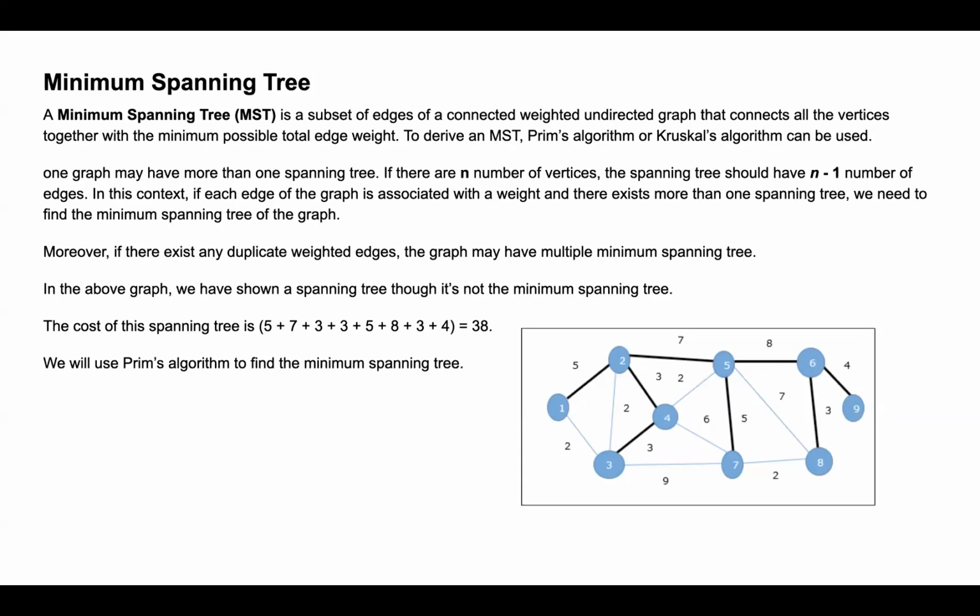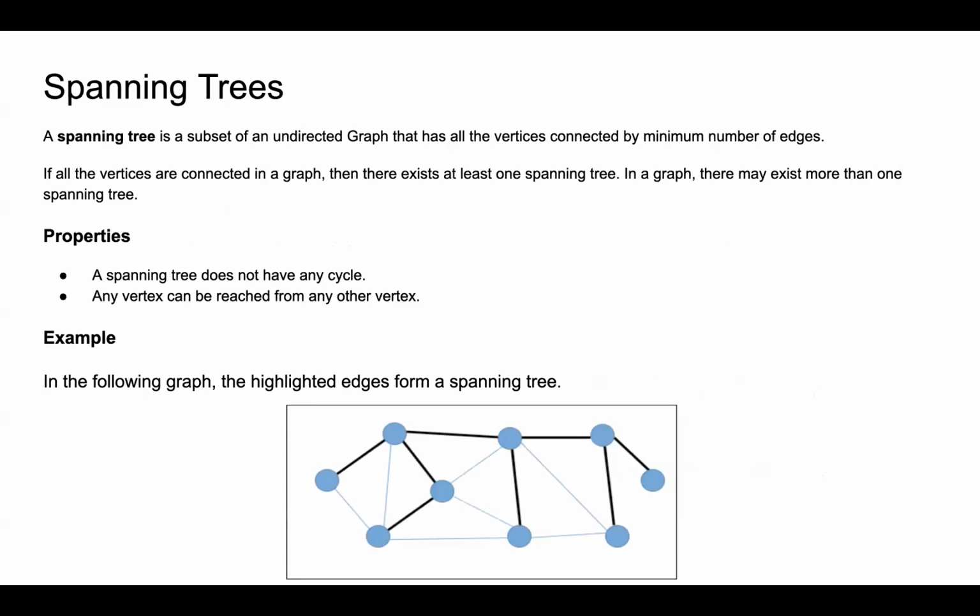Now what is a minimum spanning tree? A minimum spanning tree is a subset of edges of a connected weighted undirected graph. In the previous example, when we were concerned with only spanning trees, weights were not there in the example.